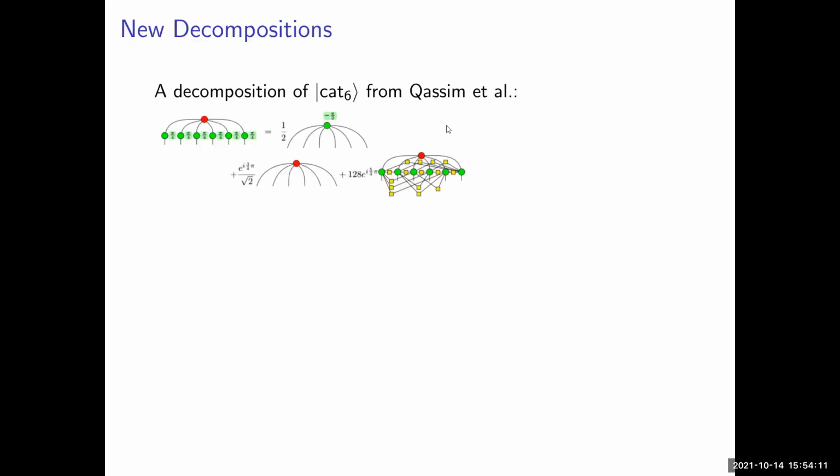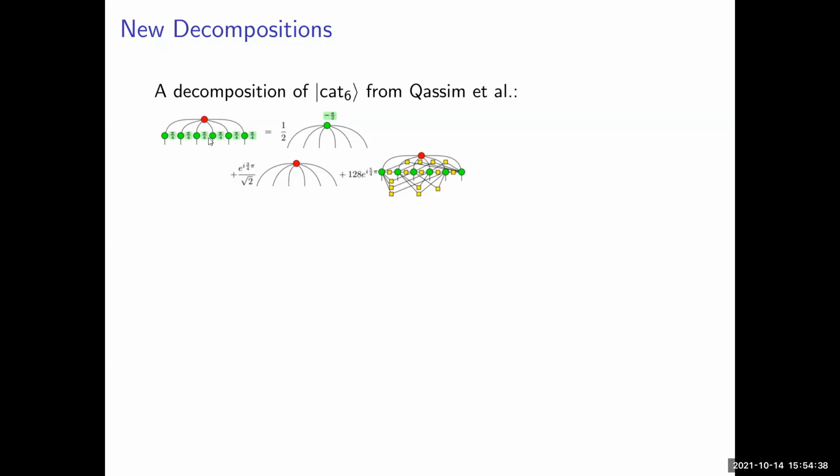This is the result from Qassim et al., the core of that paper, which is this cat6 state, which if you represent it in ZX is this thing. It's an X spider, which has a pi/4 phase on every leg. And it turns out that this thing has stabilizer rank 3. So this is 6 magic states to 3 terms. If you could use this directly, that'd be great, because then you have a really efficient decomposition. The problem, of course, is these things are all connected.